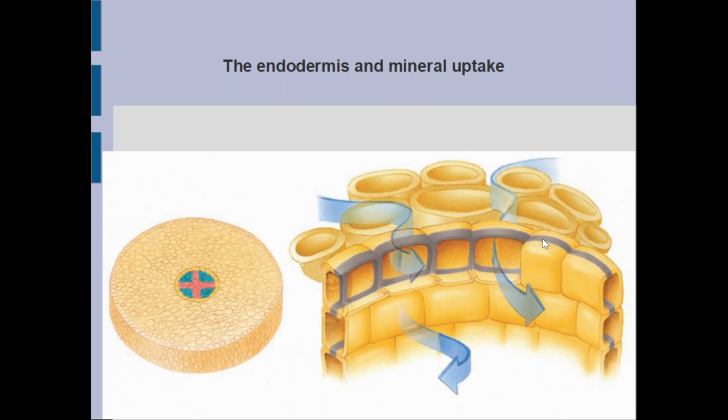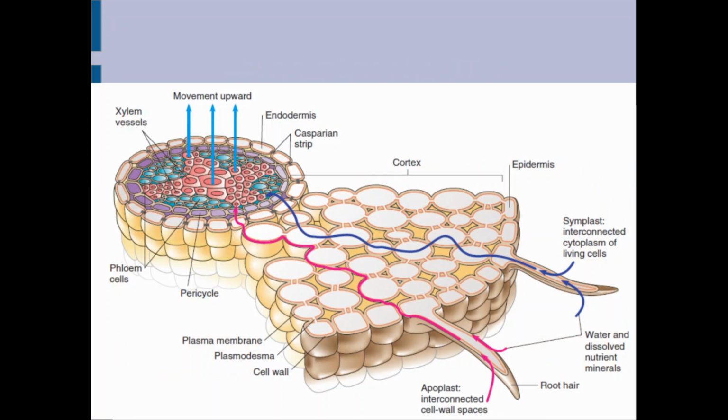Casparian stripes make a wall, and they contain suberin, a fatty material that is waterproof. The water and dissolved minerals that enter the root cortex from the epidermis move in solution along two pathways, the symplast and apoplast.